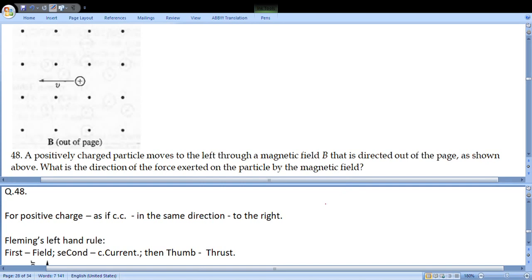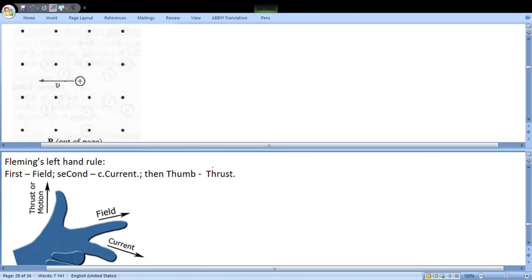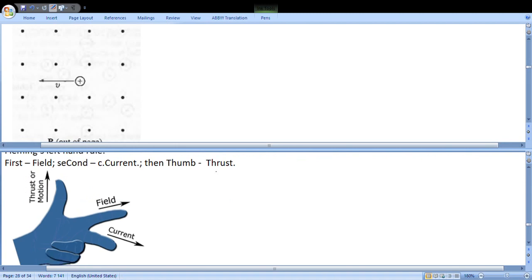For a positive charge moving to the left, the conventional current is to the left. We use Fleming's left-hand rule. So first finger along field, second, so how to do it? First finger field, second finger conventional current, and thrust is shown by the thumb.